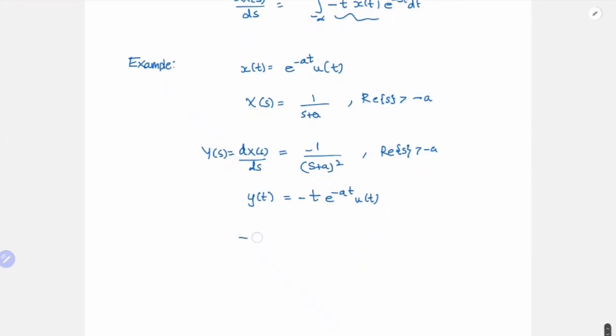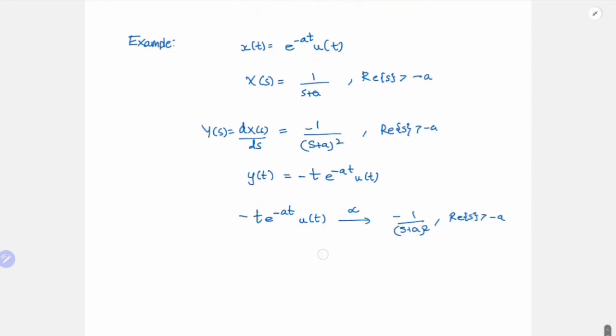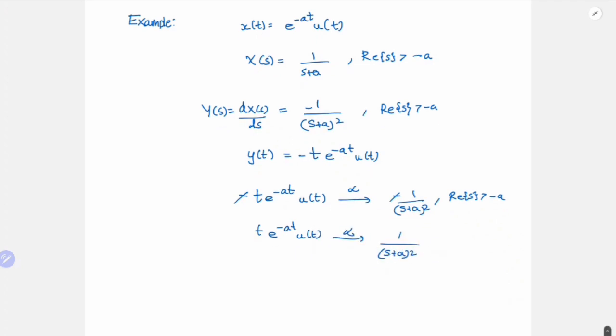Right? So my Laplace transform pair is minus 1/(s+a) whole square, real of s greater than minus a. You can actually cancel this minus sign and write t e^(-at) u(t) as nothing but 1/(s+a) whole square. So if you perform another d/ds, what will you get?